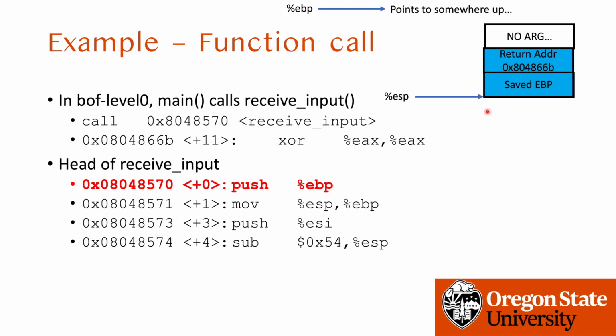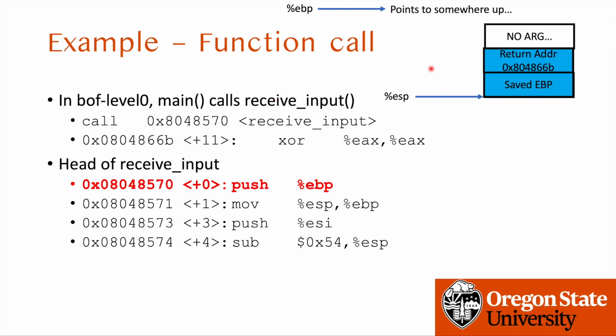The reason for doing this is that we will create a new stack frame for receive input using EBP. Before doing that, we store the previous value of the EBP, because we need to restore it when we return to the main function, since that EBP points to the start of the stack of the main function.